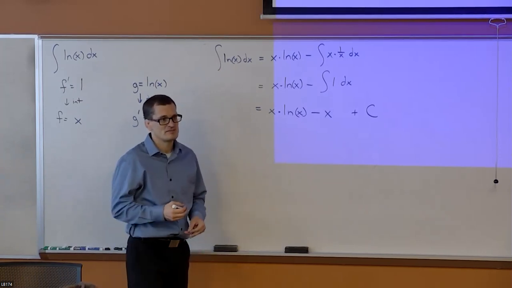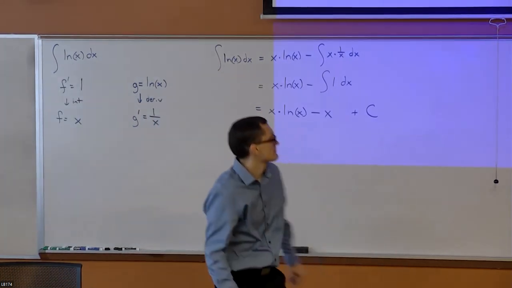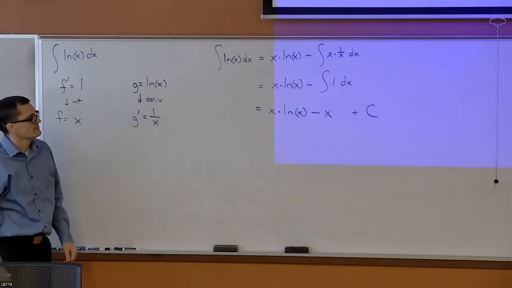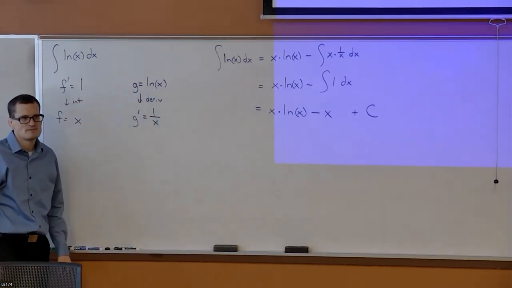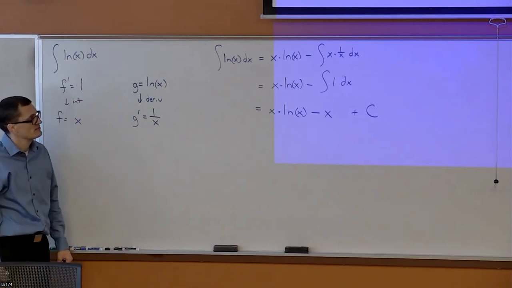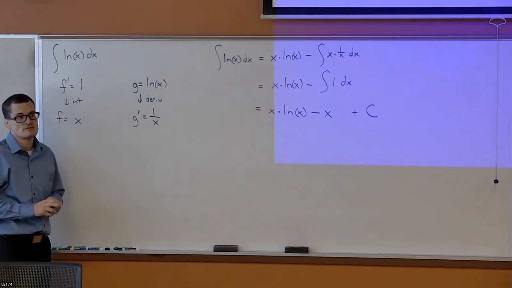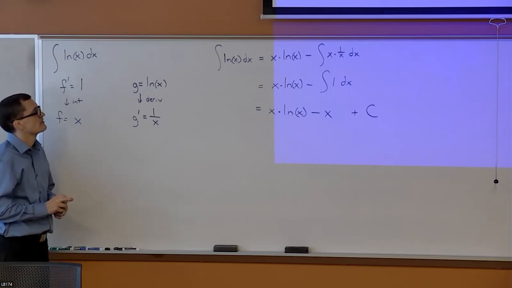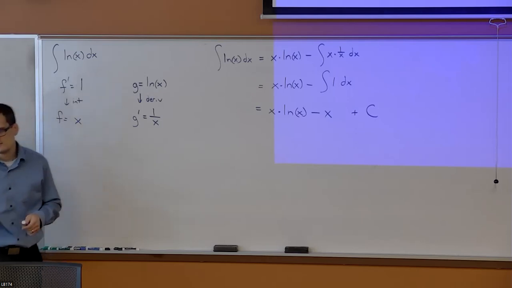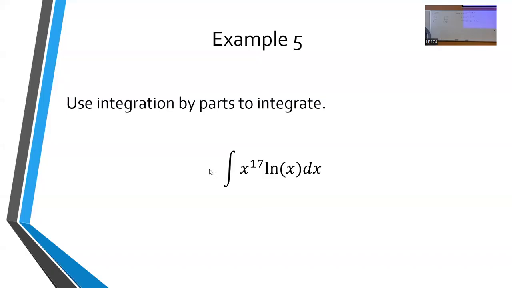So you didn't make your life easier. Okay, so good. Now you know the antiderivative: x times natural log of x minus x plus C. So that's how to deal with that second type of integration by parts that we're going to see.